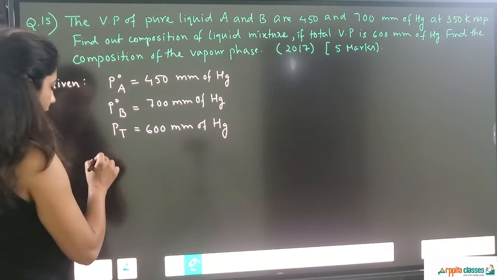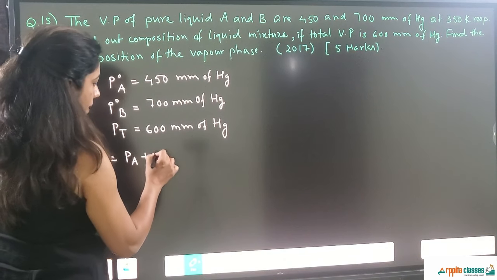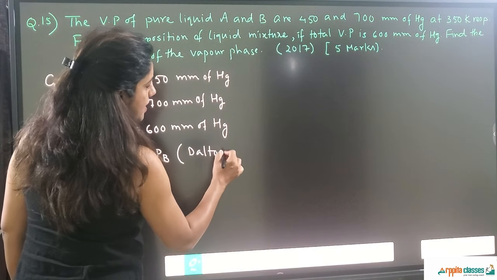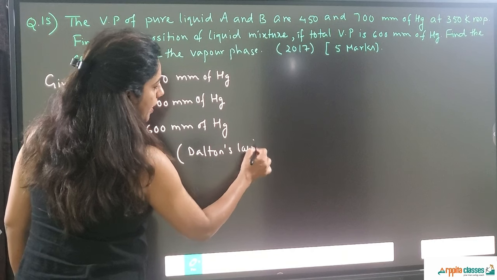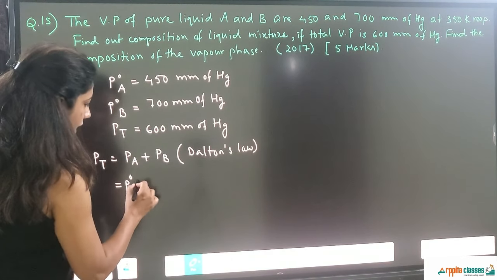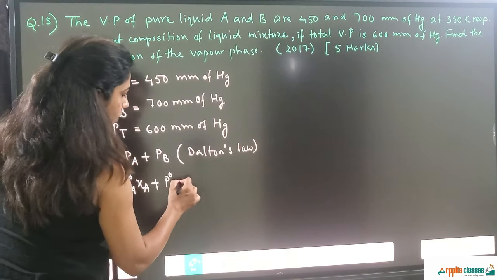So we know that total vapor pressure is equal to partial pressure of A plus partial pressure of B. This is according to Dalton's law. Now partial pressure of A is equal to P naught A into XA, and of B is P naught B into XB. This is as per Raoult's law.